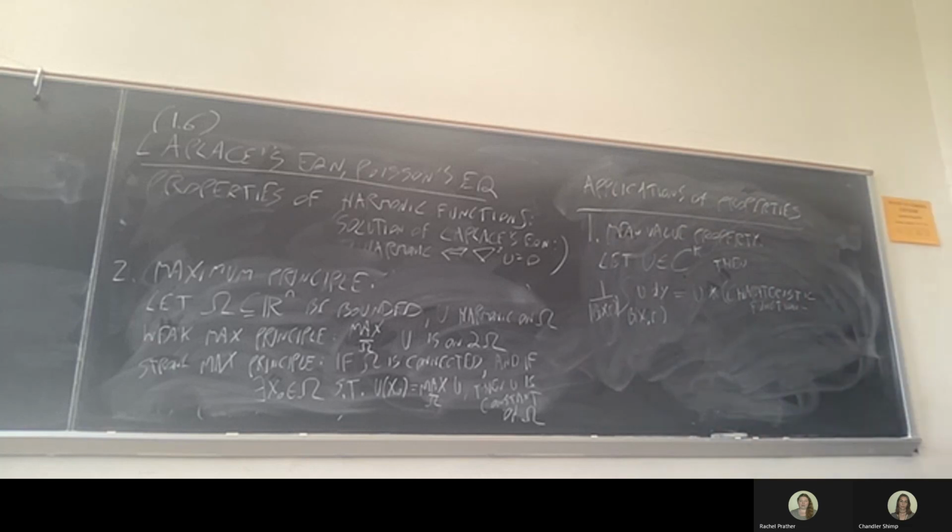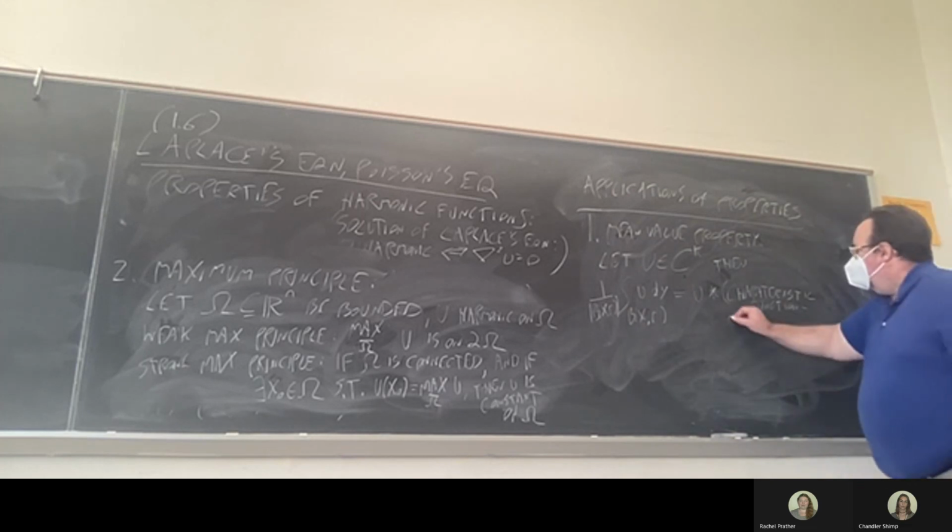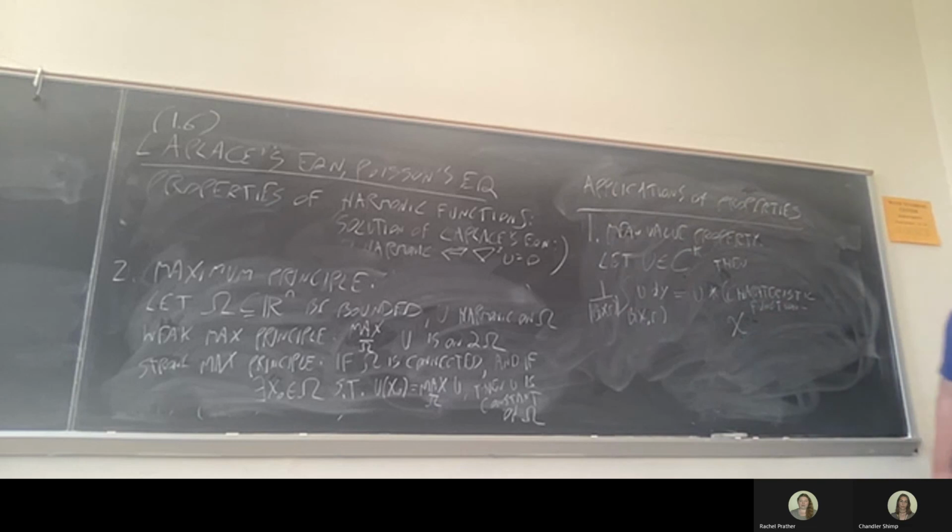Now, a characteristic function is a function that is equal to 0 everywhere, except on some domain where it's equal to 1. So it's only equal to 1 or 0. The Greek letter chi is often used to denote a characteristic function.